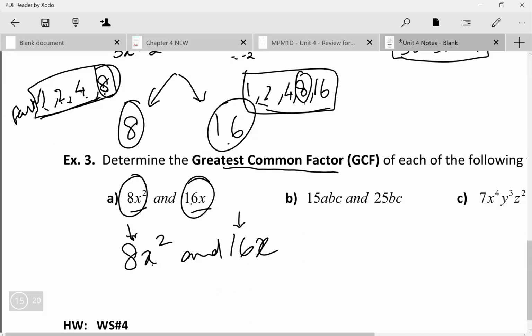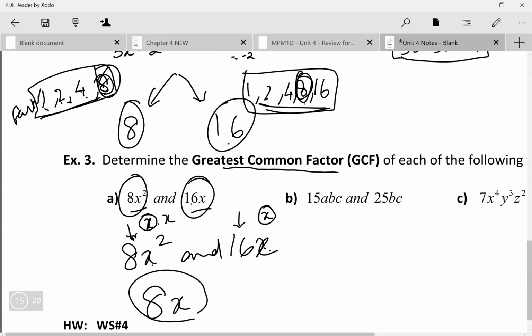Once you have listed all the factors, you pick the biggest one that's in both those lists, and we get 8. And again, x squared times x: we'll look at x squared as just x times x, and we're going to pick as many common things as possible. 8x is therefore the greatest common factor.